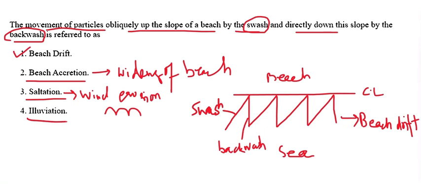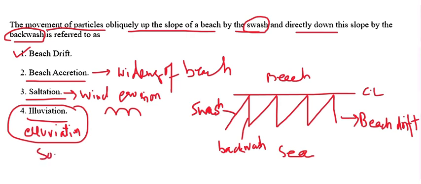These two terms, elluviation and illuviation, are related with the soil profile. In many exams, a question related with the soil profile comes every year, in the CSIR NET exam and other exams too. So what do they mean?